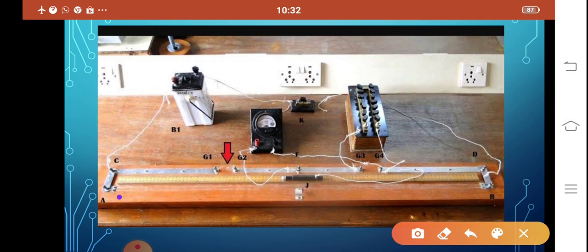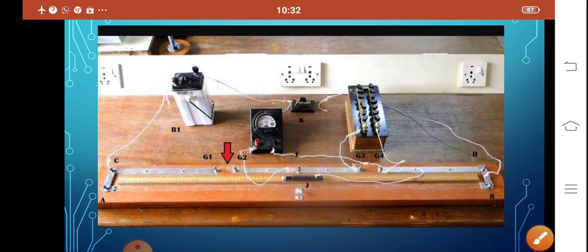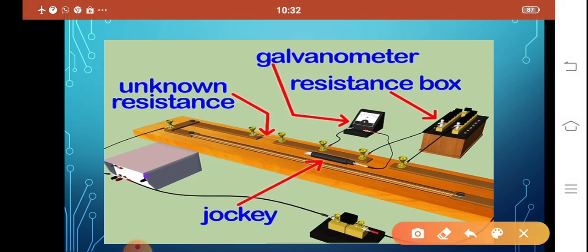It is a wooden plank and 1 meter rod, and this is two. Here we use unknown resistance, here known resistance, and this point is B, and with B point we use one jockey. This is the jockey, and the unknown resistance is here. Resistance box. This battery, you can take any battery.